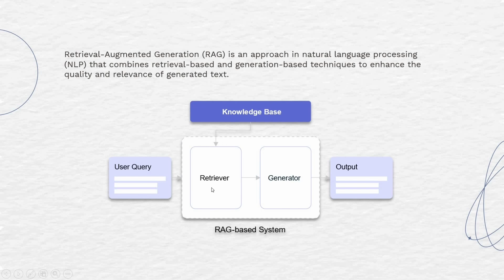And when you have that relevant information from that particular database, which is again pertaining to the user query, then the generation based aspect is applied to the retrieved information in order to create a better response that is then sent out as output to the user. So this is the gist of how RAG actually works, and we will discuss this at length in this video.